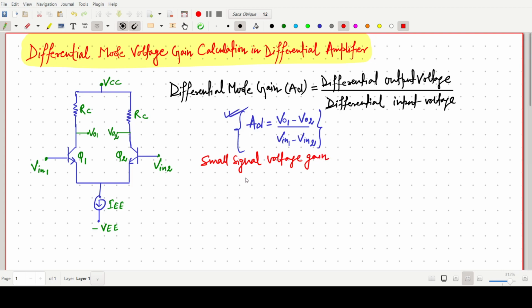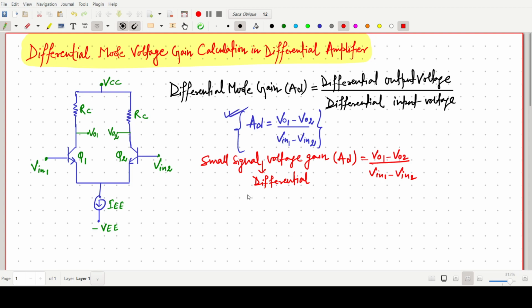We have to think about the small signal differential voltage gain, which is our AD, and is simply V naught 1 minus V naught 2 by V in 1 minus V in 2.